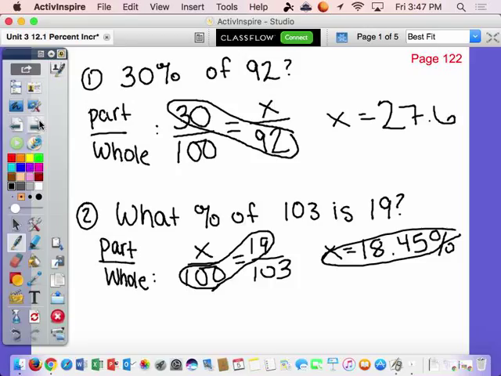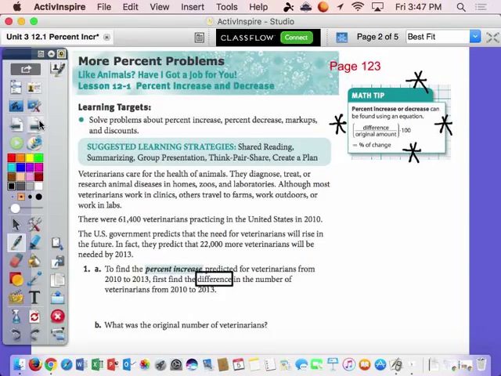I want you now to look at page 123. I want you to star this math tip that you see on the right side. Star, circle, highlight, whatever you need to do. It tells you what a veterinarian is if you do not already know. Then it tells you how many veterinarians there were in 2010.